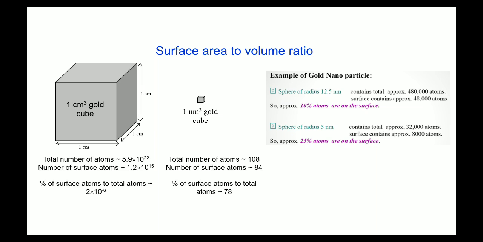So if the gold nanoparticle has some property which belongs to its surface, then the chemical reactivity of 5 nanometer gold is higher than 12.5 nanometer gold.